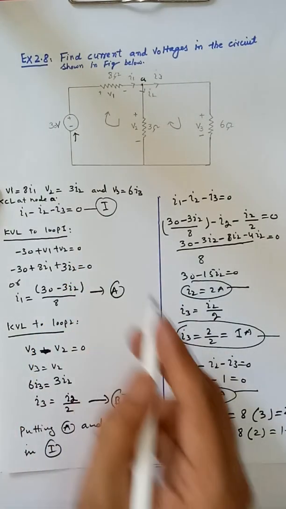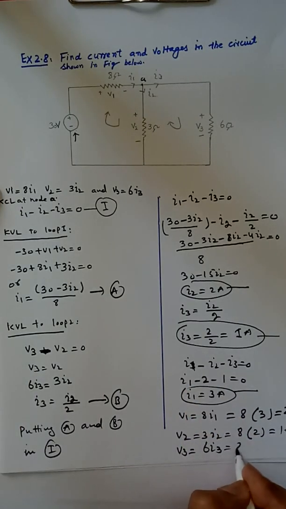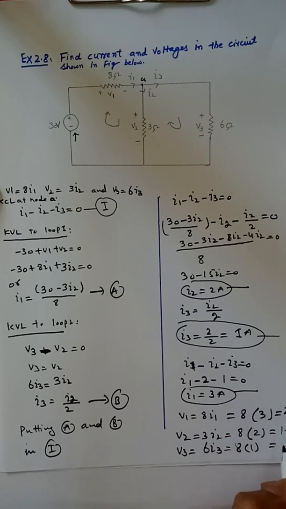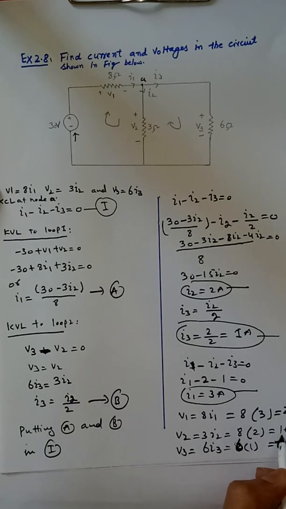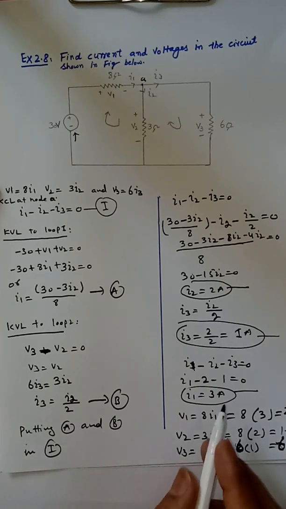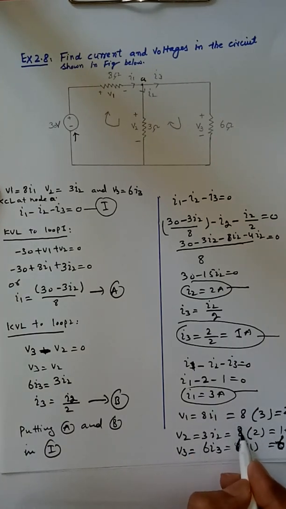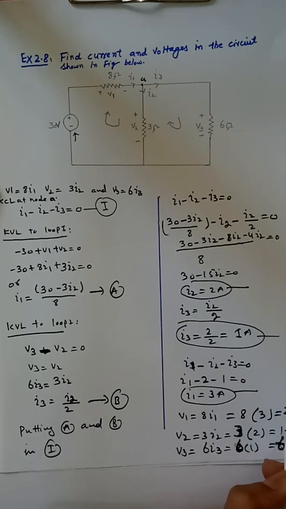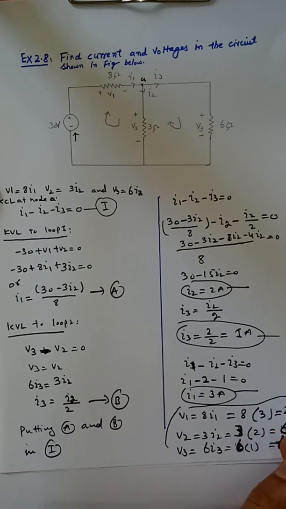And V3 is 6 I3, 6 into 1, so 6 volt. In this way you can find V1, V2 and V3.